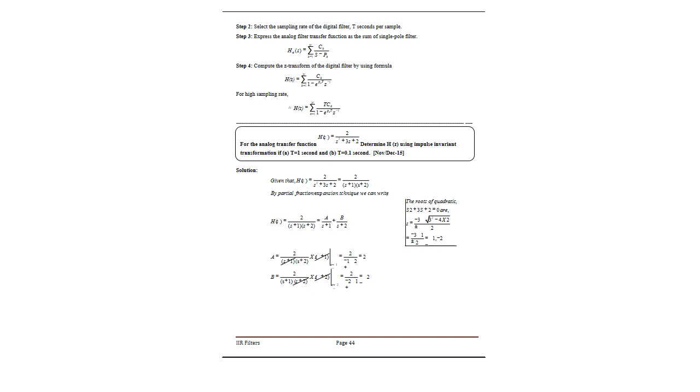For a high sampling rate, H(Z) = summation k equal to 1 to N of T Ck / (1 - e^(Pk T) Z inverse).